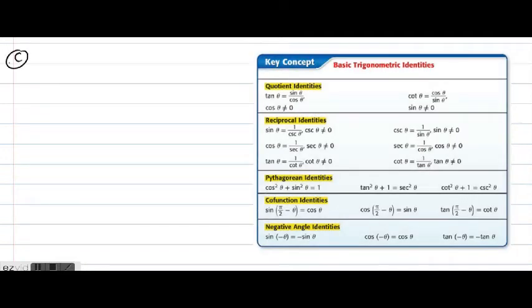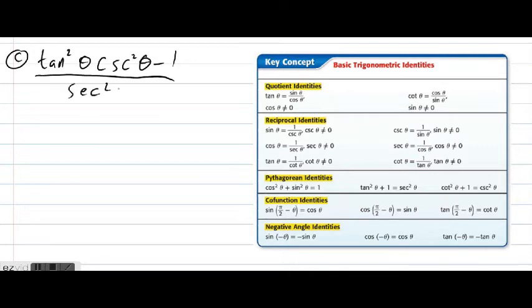Alright, part C. Tangent squared theta times cosecant squared of theta minus 1, all over secant squared of theta.